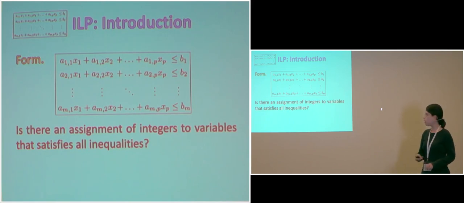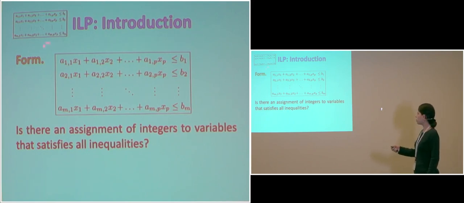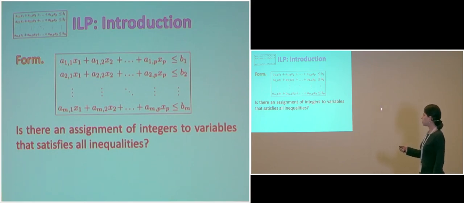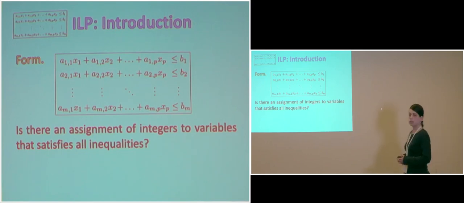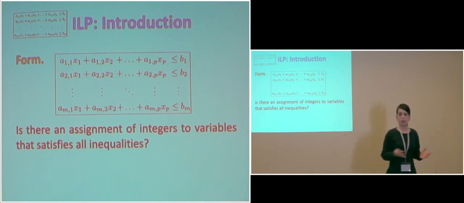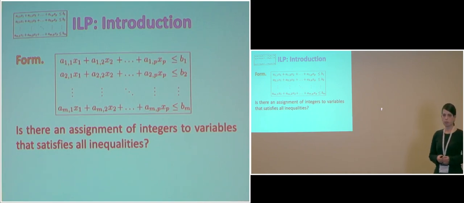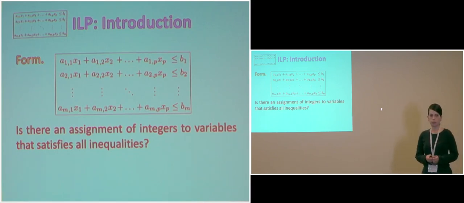Each constraint is of the following form: we have coefficients for every variable, and the sum is at most some number, b1. What we are asking ourselves is: is there an assignment of integers to these variables such that all of the constraints are satisfied? So this is the problem.